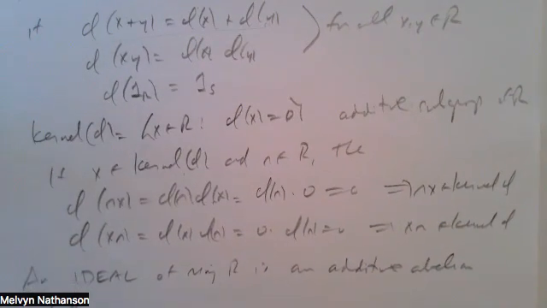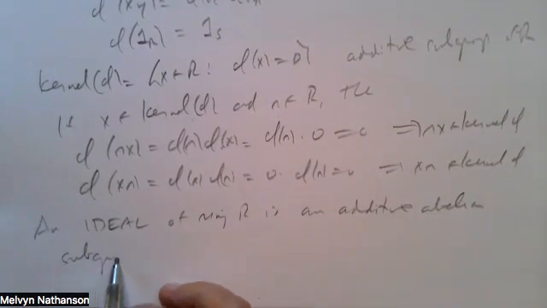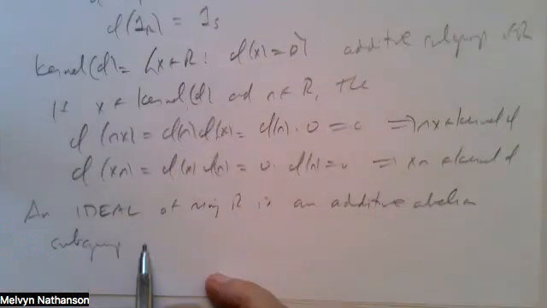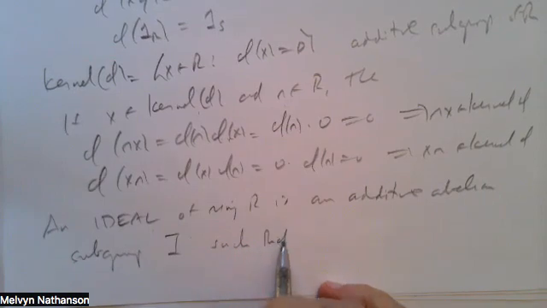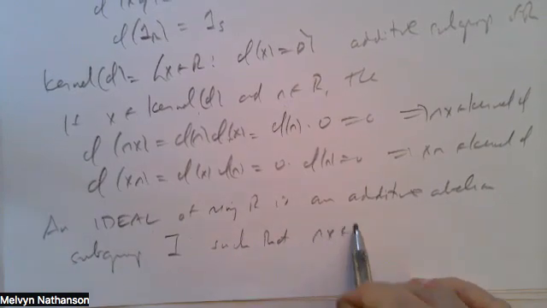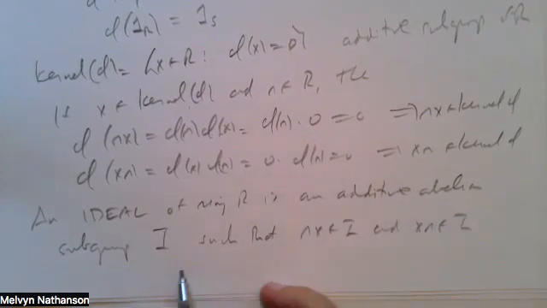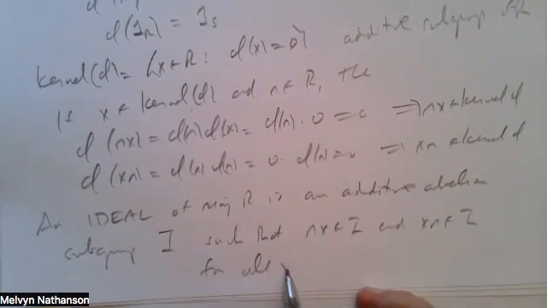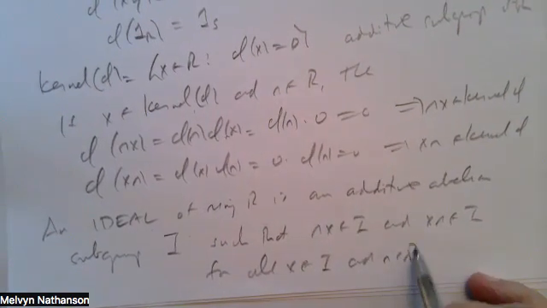That is, R is a ring under addition, so a group under addition. So it's an additive abelian subgroup, let's call it I, such that rx is in I and xr is in I for every element x in the ideal and r in the ring.